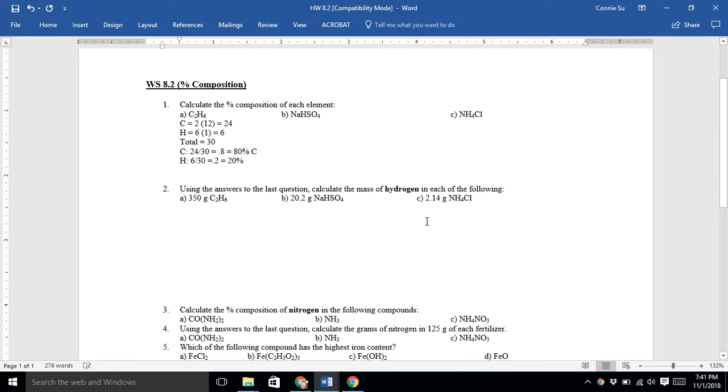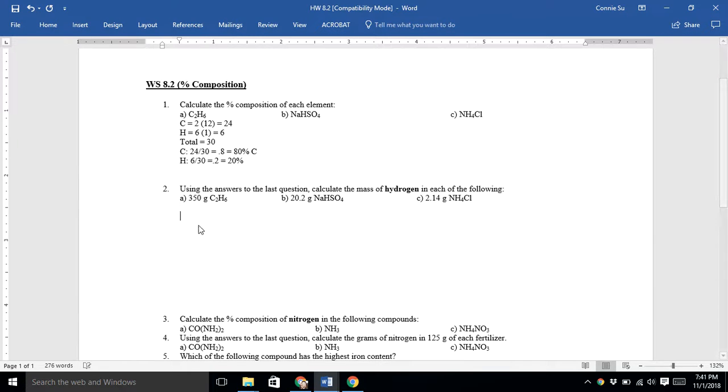Now let's look at question number 2A. It's asking us to use the answer from the last question to calculate the mass of hydrogen. Notice 1A and 2A have the same formula, C2H6. We already found the percent. So the question is, how much out of 350 grams will be hydrogen? Earlier we said 20% is hydrogen, so all I have to do is find 20% of 350.